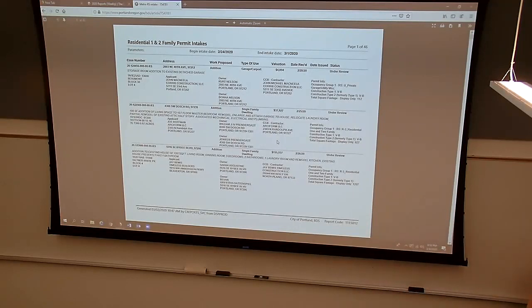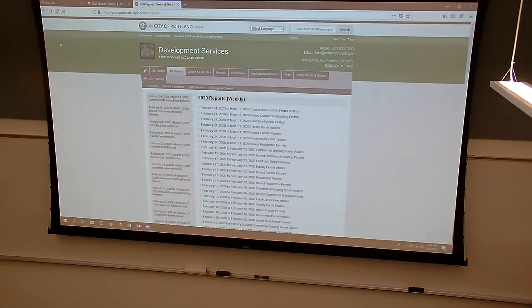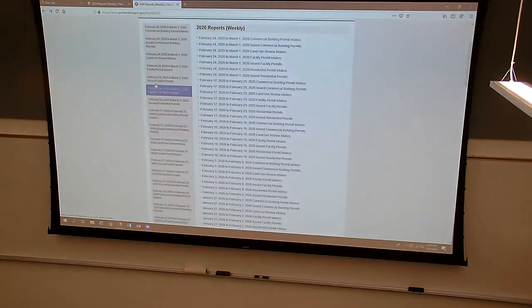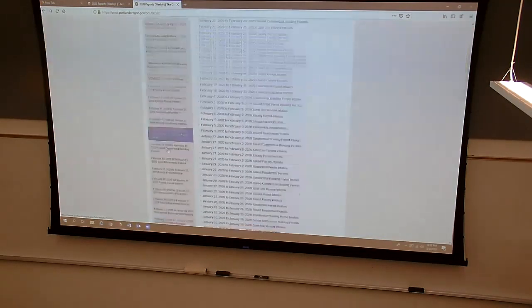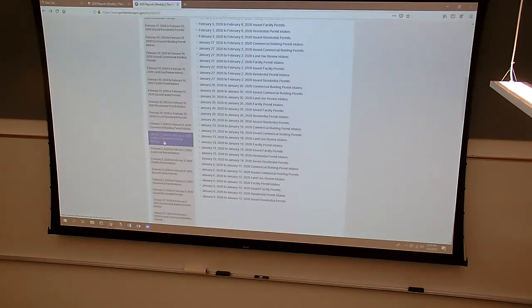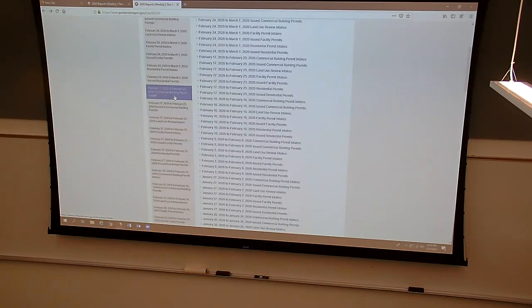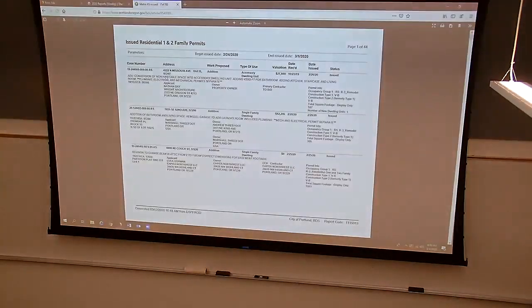Okay. All right, it doesn't end there yet. The next thing is, if I want to look over, I'll look right here. Intakes, issued. Here's an issued residential permit. So these are the people who are ready to go.